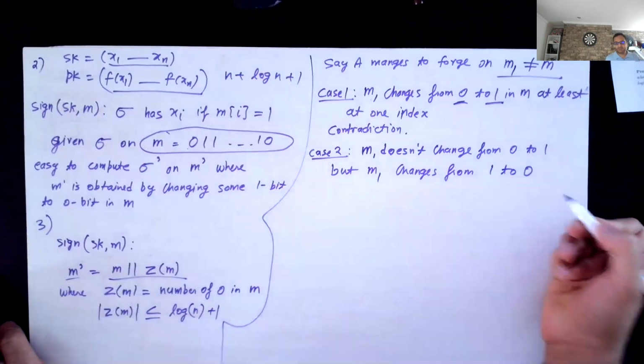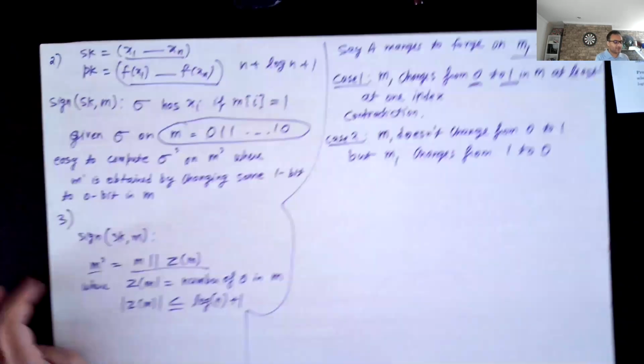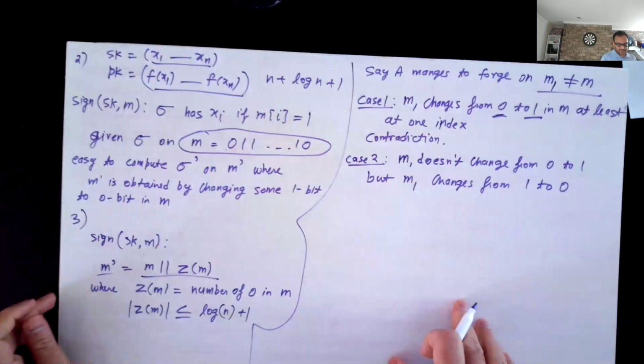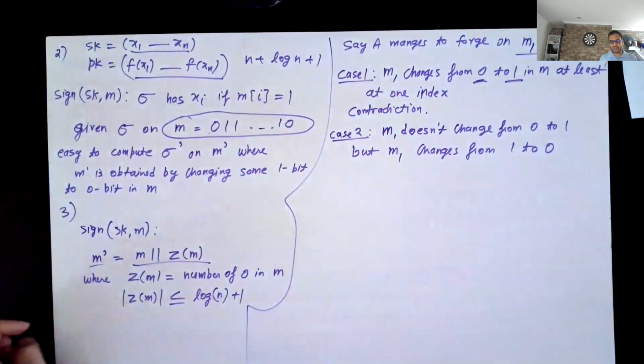So this is the more interesting case, because this is exactly the problem that we were having in question 2. You can easily change from 1 to 0.